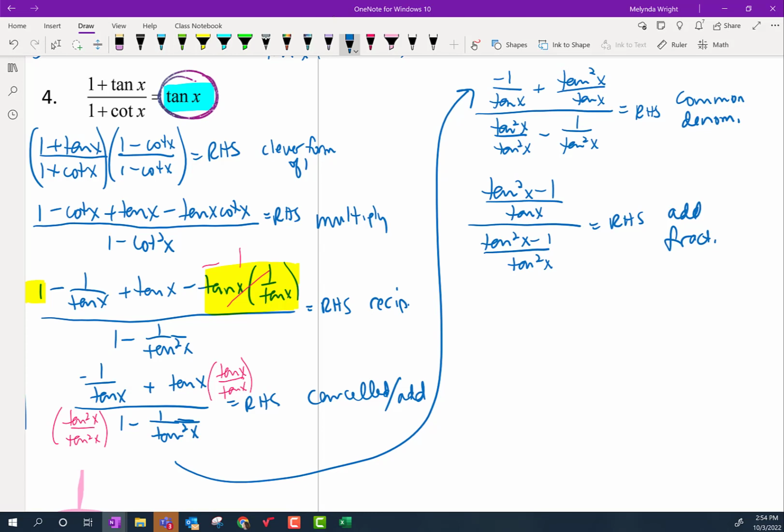We've got a big old complex fraction. We're ready to keep, change, flip, right? Keep the top. Change division to multiplication. Flip the bottom. And I'm just going to write complex fraction.